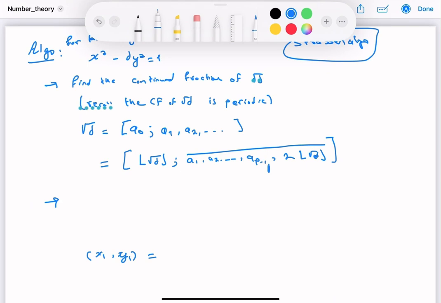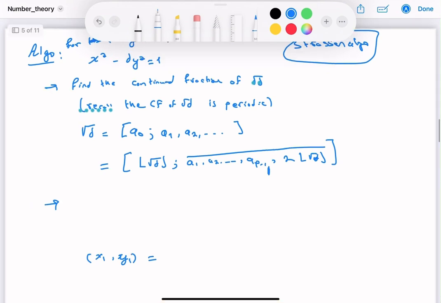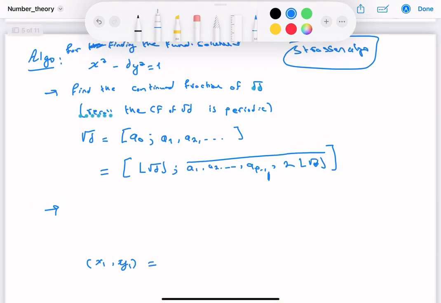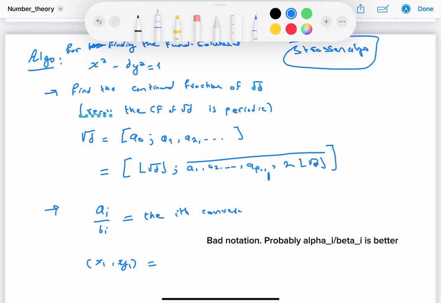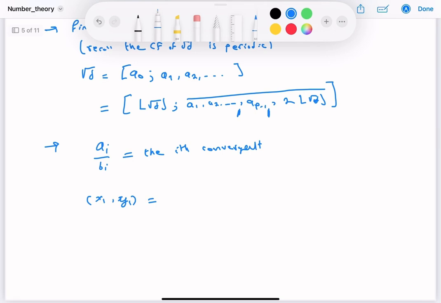But let me mention here, if we use ai over bi to denote the ith convergent, meaning you stop at the ith a, you get the convergent.